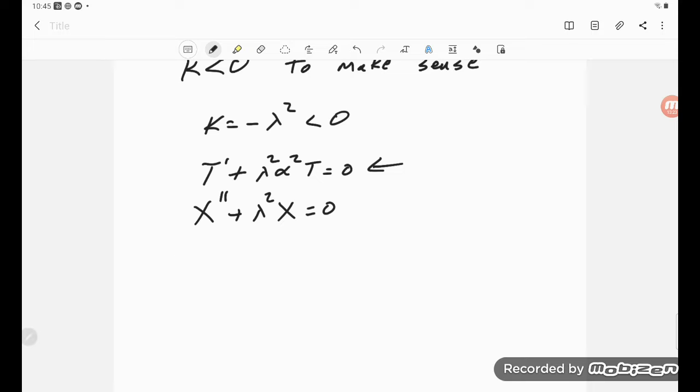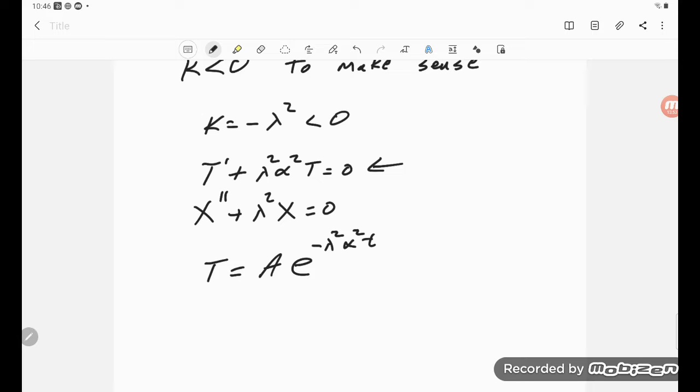It is in this case T equals some constant a e to the negative lambda squared alpha squared t, like that, and a is an arbitrary constant. I say basically because I went through it real fast; this is what we did in Calculus 1.